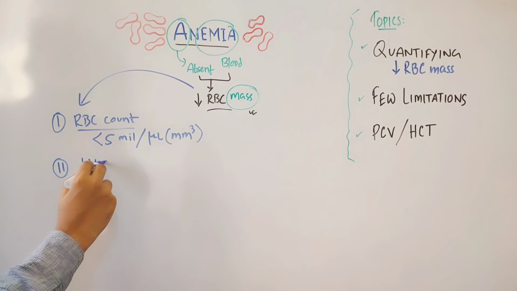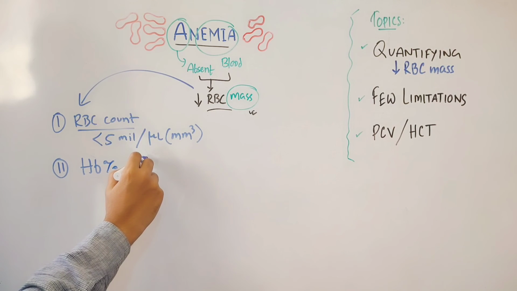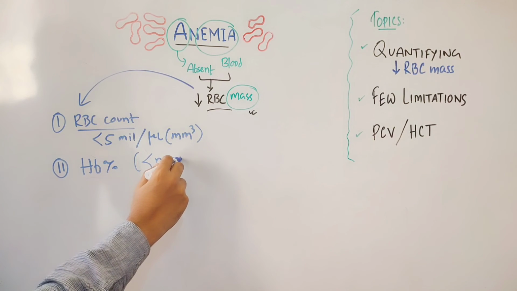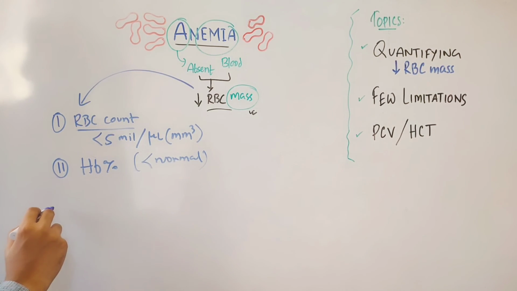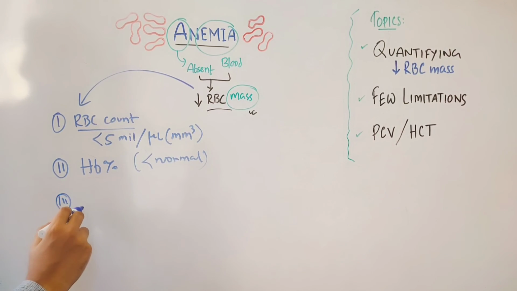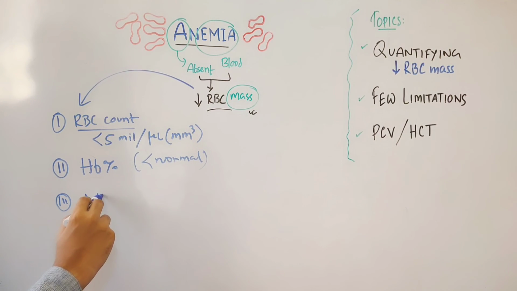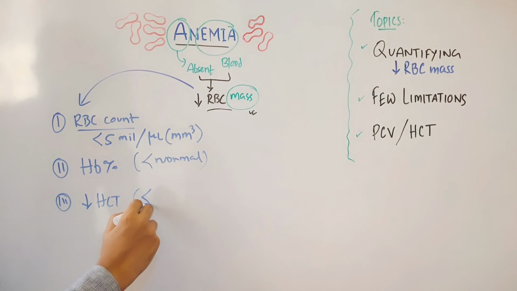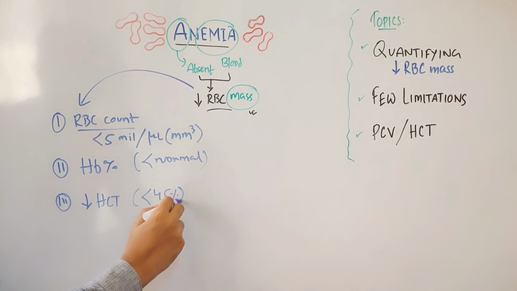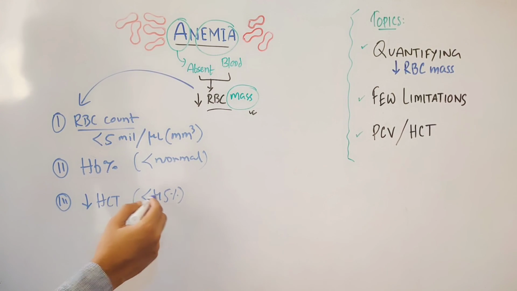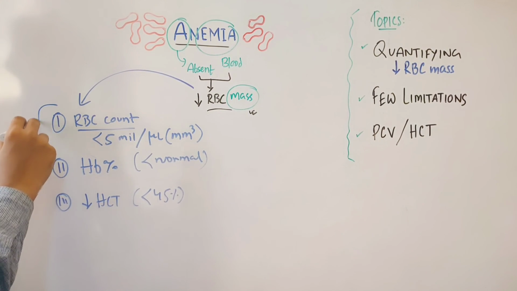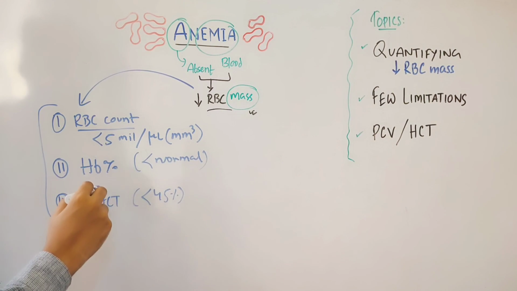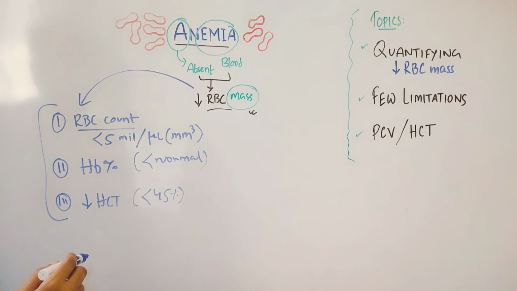Or if the hemoglobin concentration is less than normal, we can also say that the patient is anemic. And lastly, in all types of anemia, we will have a reduced hematocrit value, that is less than 45%, or whatever the normal value of the lab is. So if these three are reduced for some reason, we can say there is some sort of anemia.